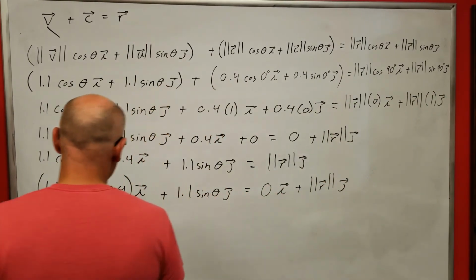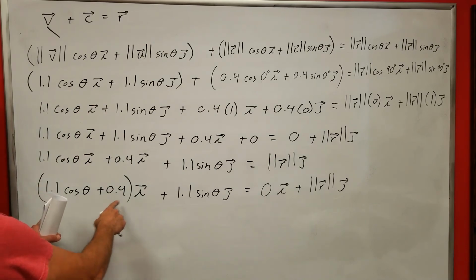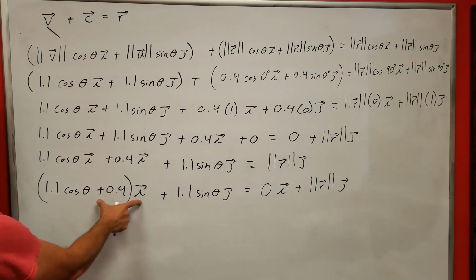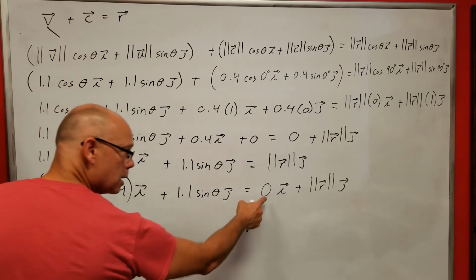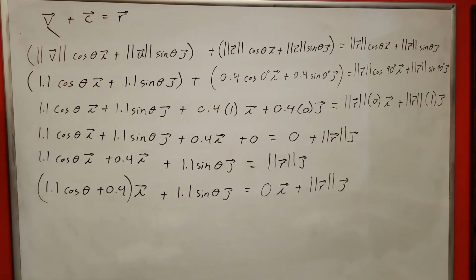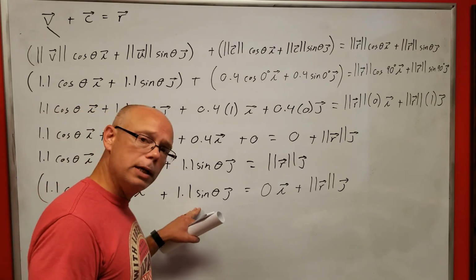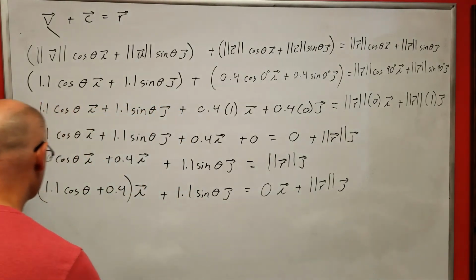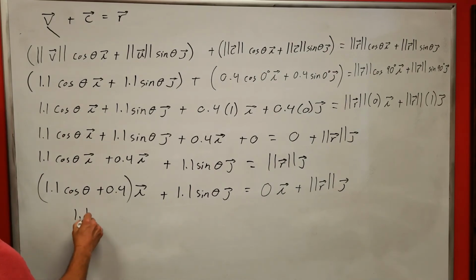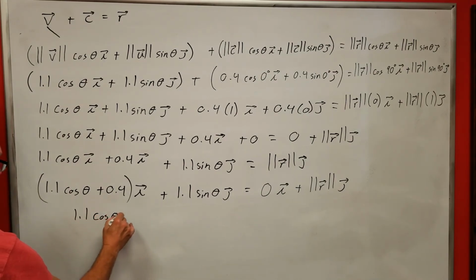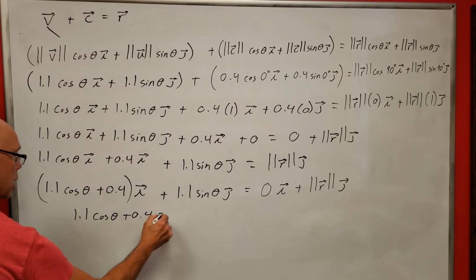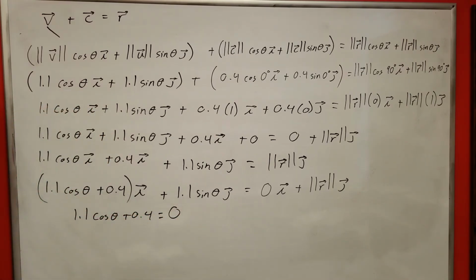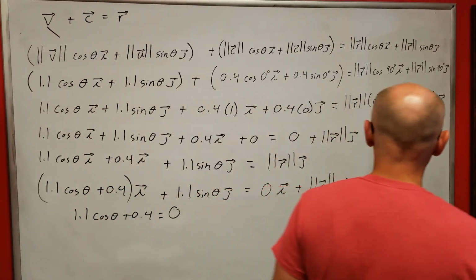Because if this stuff is equal, I could say the stuff multiplied by the I vector is equal to the stuff multiplied by the I vector. And the stuff that's multiplied by the j vector is equal to the stuff that's multiplied by the j vector. So I'm going to take the stuff that's multiplied by the I vector, 1.1 cosine of theta plus 0.4, and set that equal to what's multiplied by the I vector here, 0. Okay? Now, why could I do this?